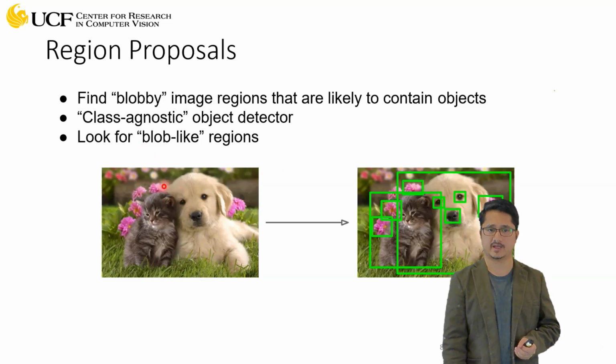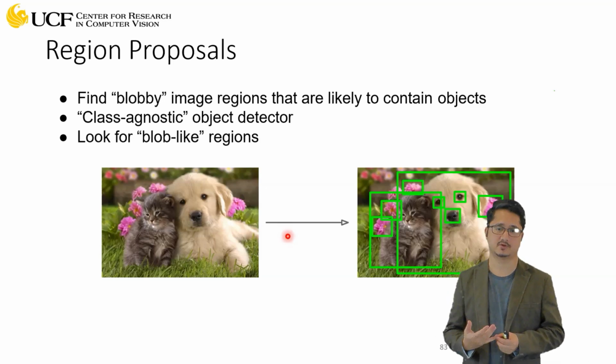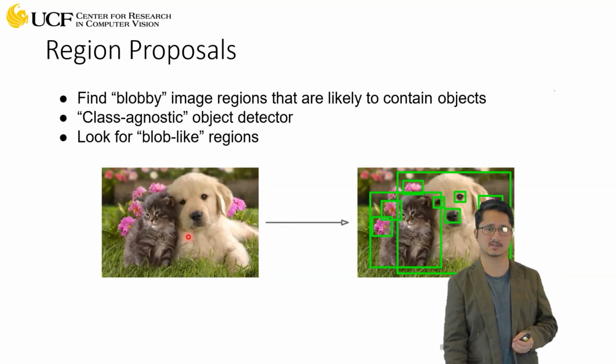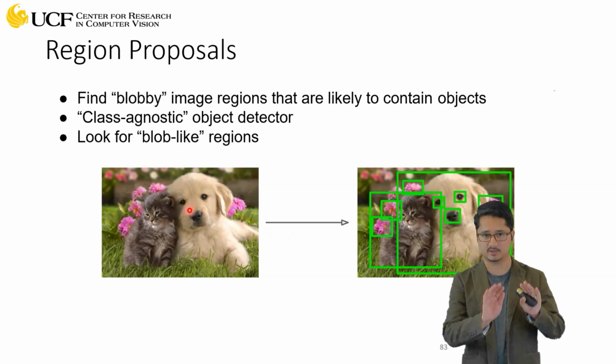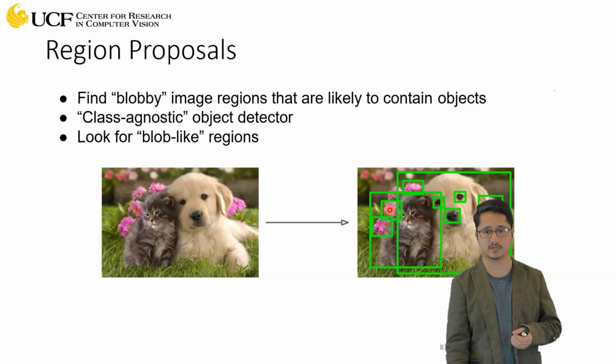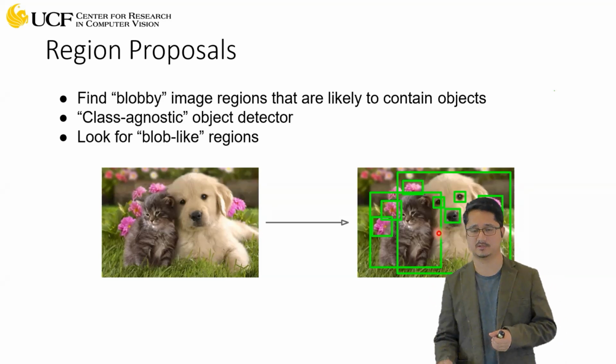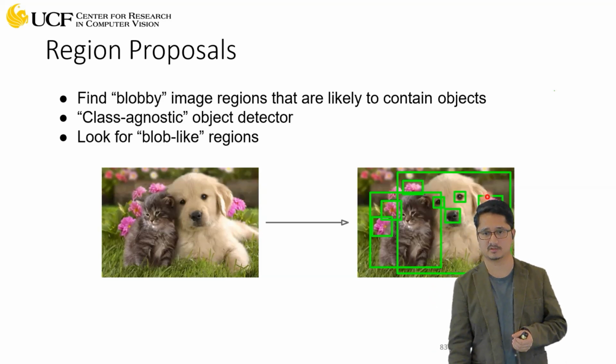What if we don't scan all the possible locations, all the possible scales, but we use some algorithm to actually subsample this space for us? For example, if this is your input image, we will run that algorithm, and that algorithm will tell you, okay, these are the places where objects are most likely present. Okay, and it will also give you some kind of scale as well.